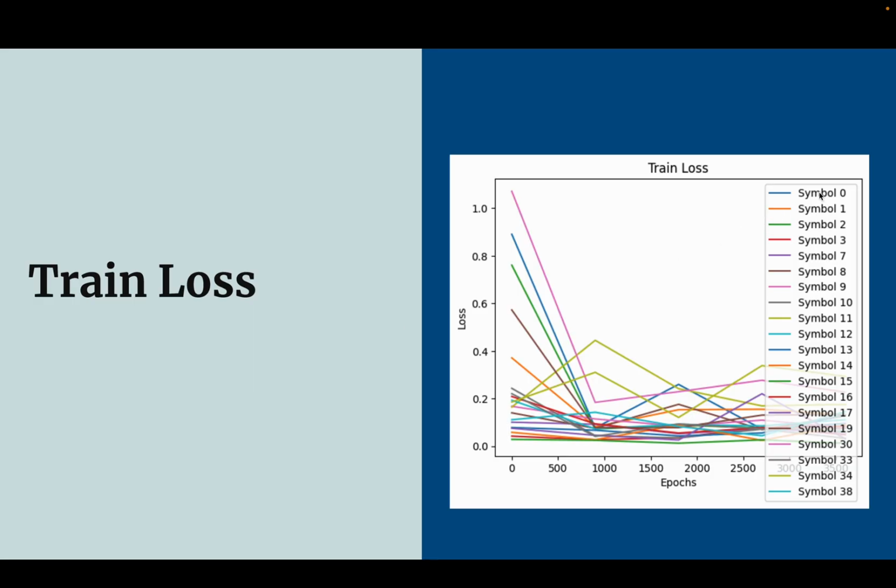So I trained sequentially in the sense that it's sequential data, but also I trained it symbol by symbol. I would train on symbol 0 first, and then I would train on symbol 1, symbol 2, all the way down to symbol 38. And this allows the model to generalize and learn how to predict new symbols that aren't in this data set.